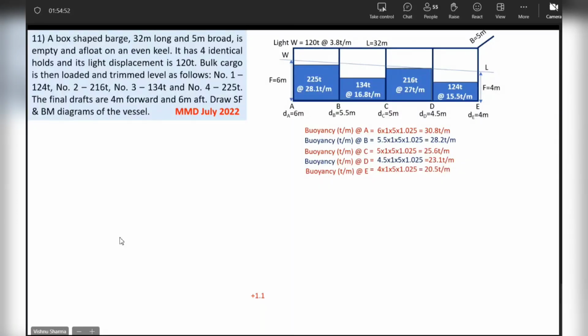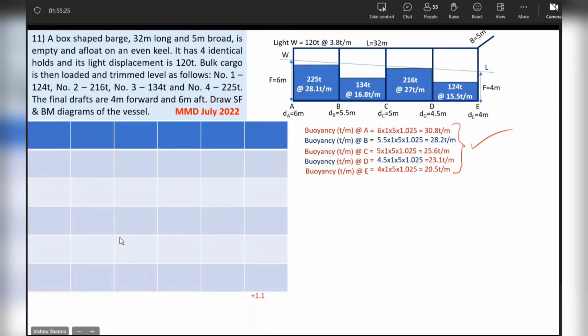So buoyancy per unit length at these points changes from 30.8 tons per meter at A to 20.5 tons per meter at point E. Is this clear what has come on display, guys? If you have any questions, let me know. If you have understood this, then we are good to make the load table.